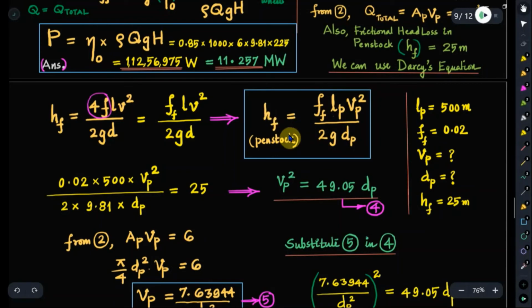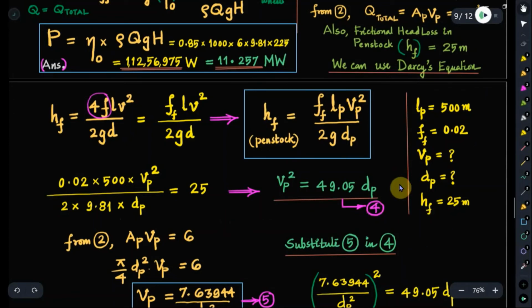So Hf is equal to Ff Lp Vp square divided by 2g Dp. Here the length of the penstock pipe is 500 meters, the friction factor is 0.02, the average velocity Vp is unknown, the diameter Dp we also have to find out, and the head loss due to friction is 25 meters of water.